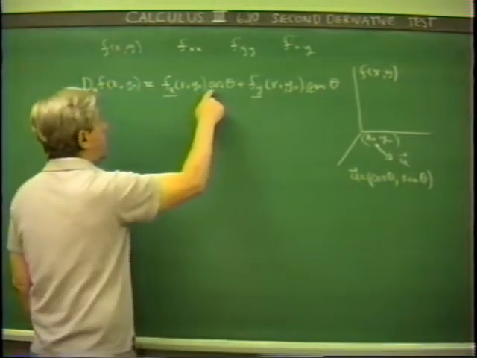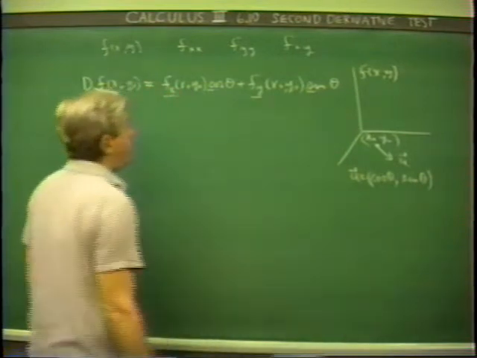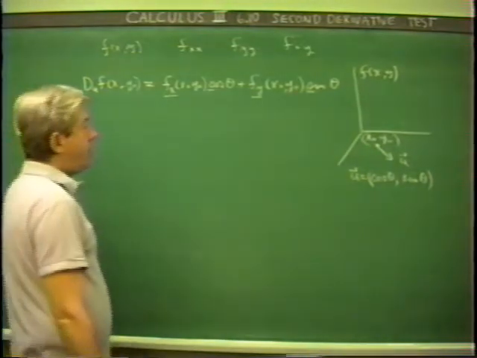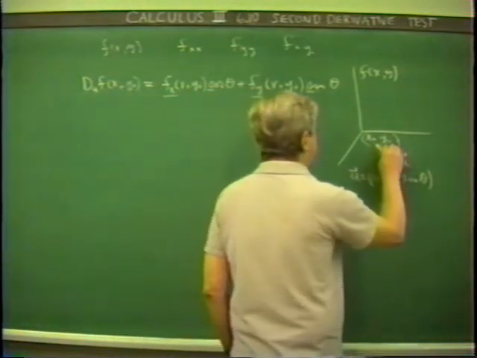And from here on out, I'm going to be abbreviating this by partial with respect to x, c for cosine theta, partial with respect to y, and s for sine theta.